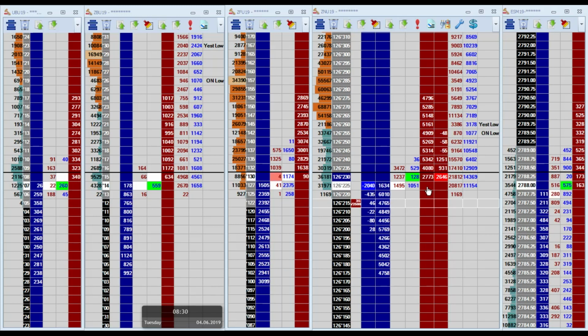Doesn't look good. See if they can keep this level, 23. Still trying to push it down. Can't even take that bid.